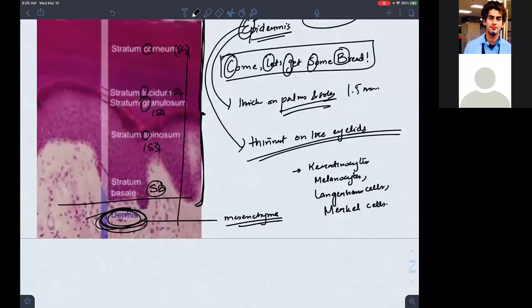Sometimes in the books you will see that they say four layers are present. They won't be writing about lucidum. There is a reason. We will tell you later why.